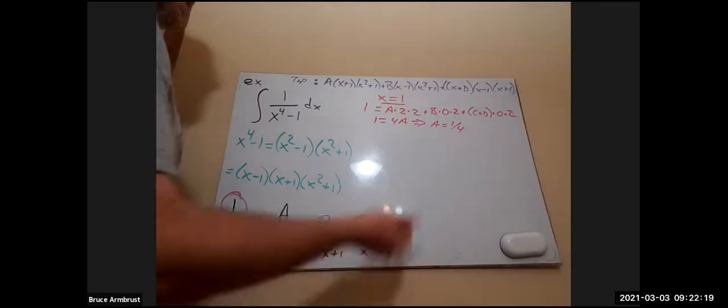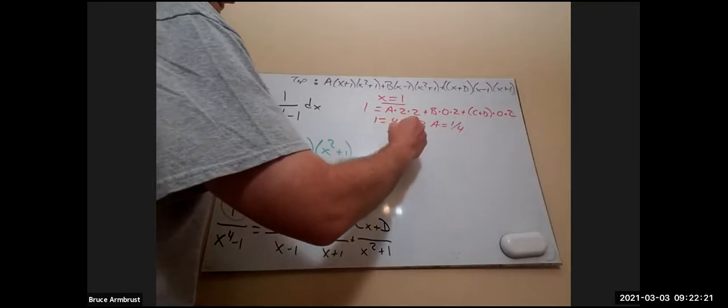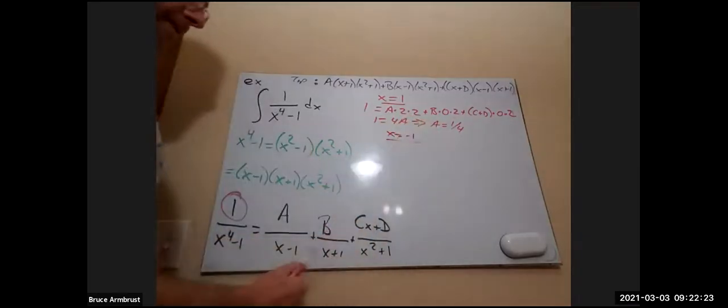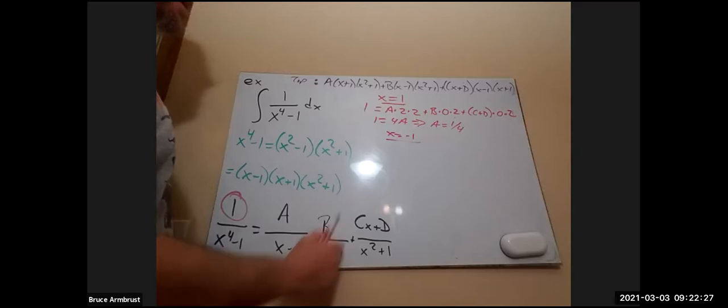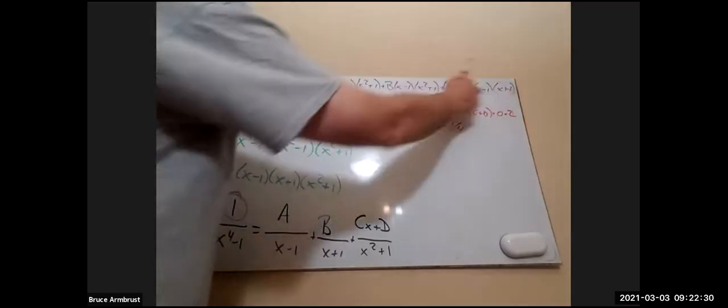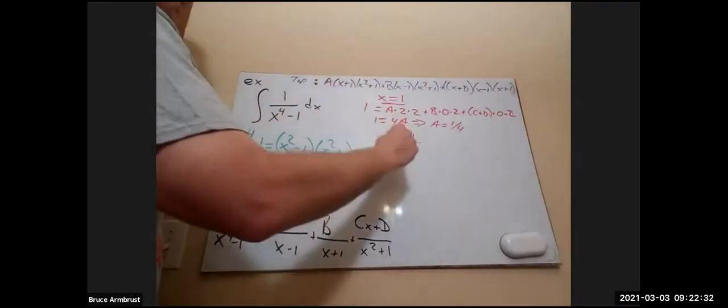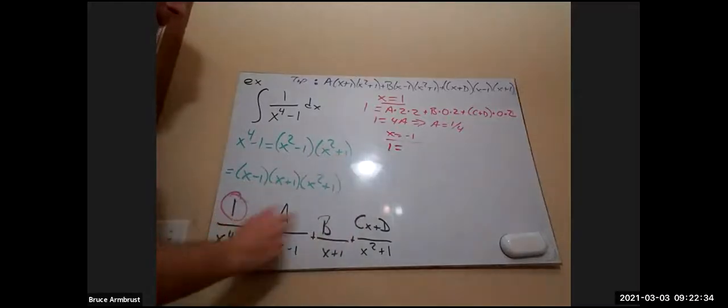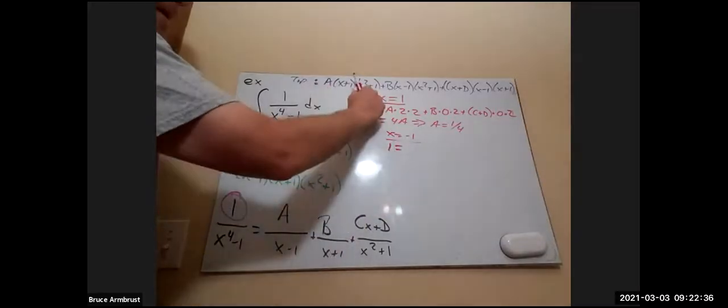All right, so now let's do the same thing with -1, because -1 makes the second factor 0. So now everything that has an x plus 1 is going to go away. So I'm going to get 1 equals no A's.